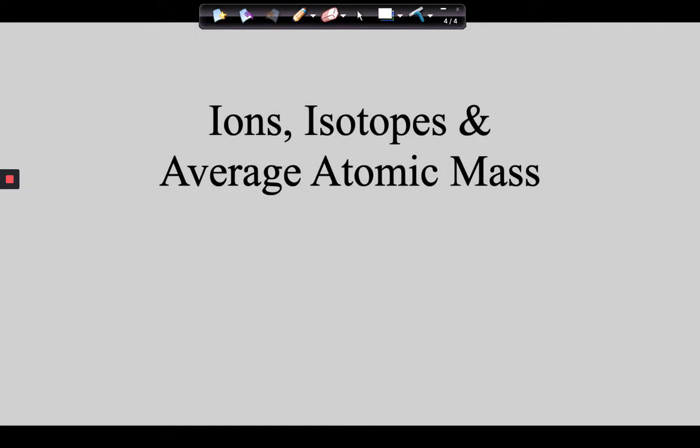And what we're going to do is use your homework assignment from today as a jumping off point to what we're going to learn. So the homework assignment we graded today is where we're going to start. But guys, these are the topics for your notes today. Ions, isotopes, and average atomic mass. The date today is the 28th. So if you would like to date your notes, the date is the 28th.